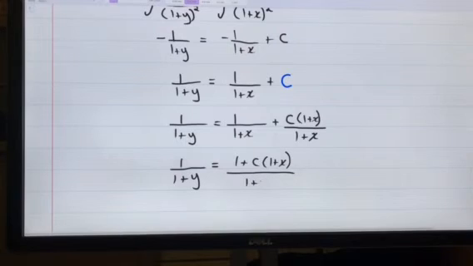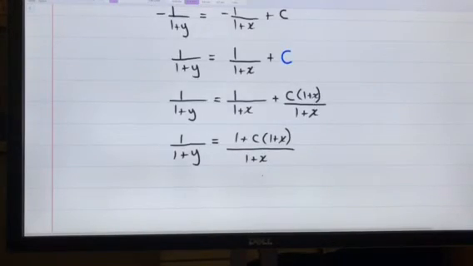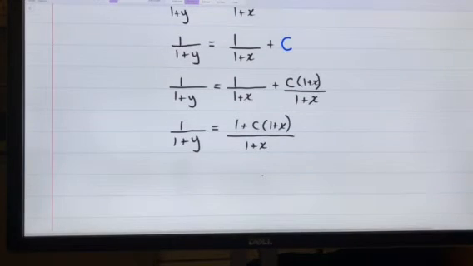So joining the two terms together to the right, I have 1 plus c times the quantity of 1 plus x, all over 1 plus x.